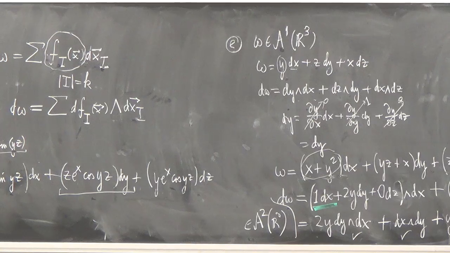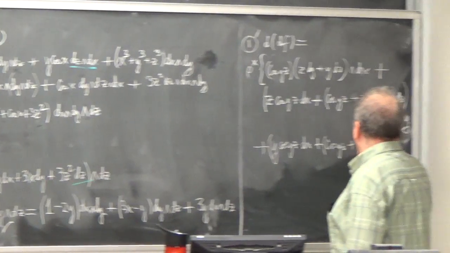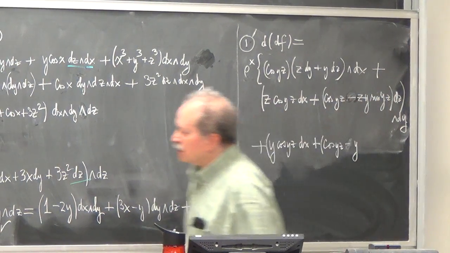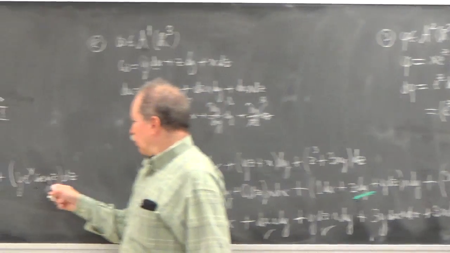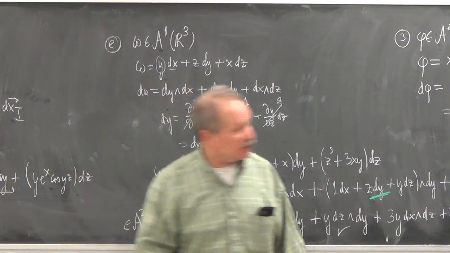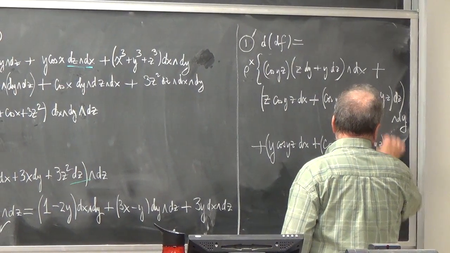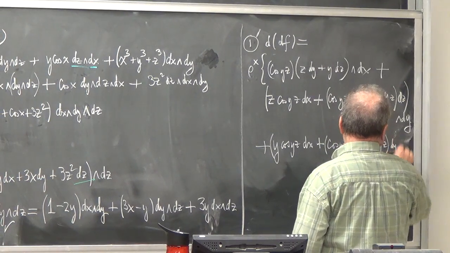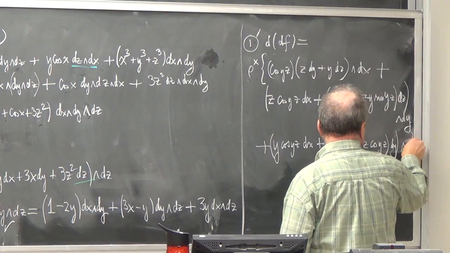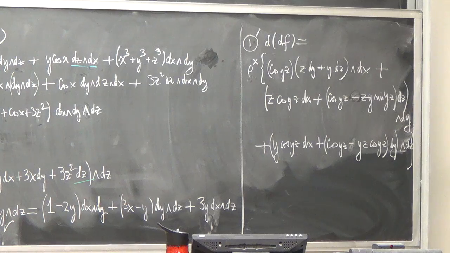So we're going to have e to the x times cosine yz plus y times negative sine yz multiplied by z by the chain rule. So that's all dy, and then that whole thing is wedged with dz. And then there's a closed bracket because I had to eat the x outside. All right, what a mess.